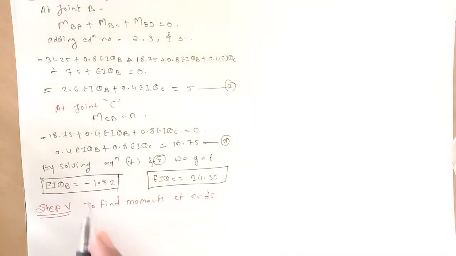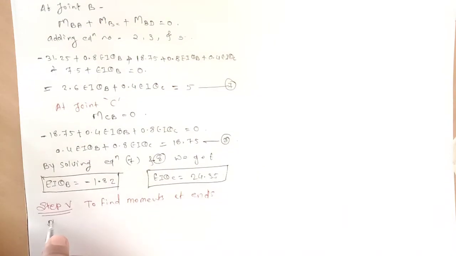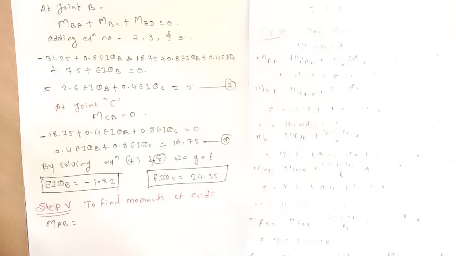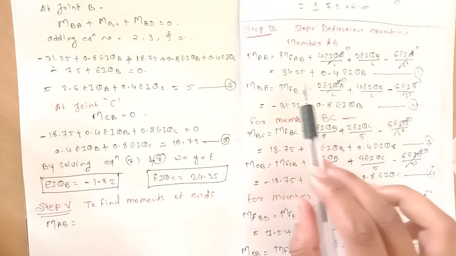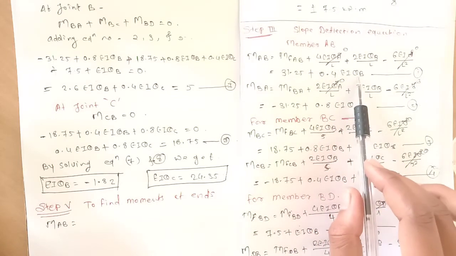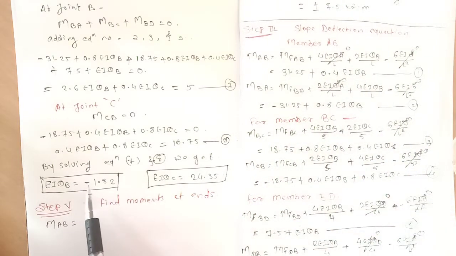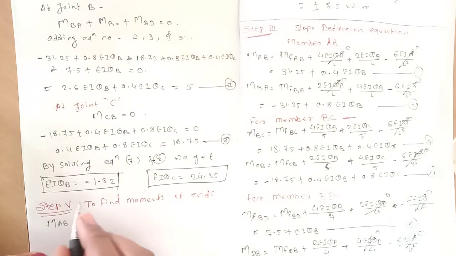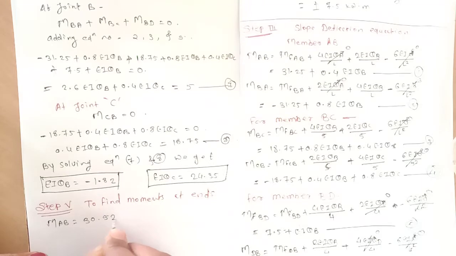So first, take the first equation, the slope deflection equation at member AB, which is 31.25 plus 0.4 EI theta B. So the EI theta B value is minus 1.82. So here the answer is, end moment at member AB is equal to 30.52 kilonewton meter.